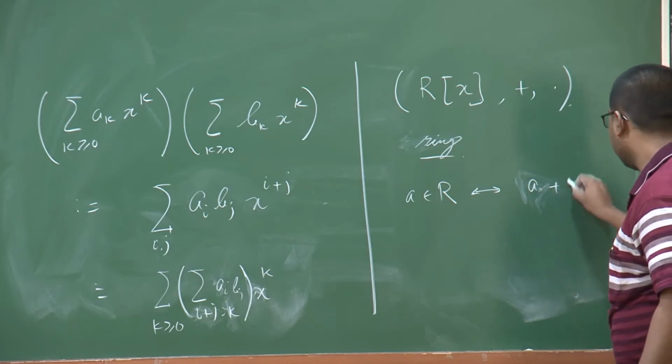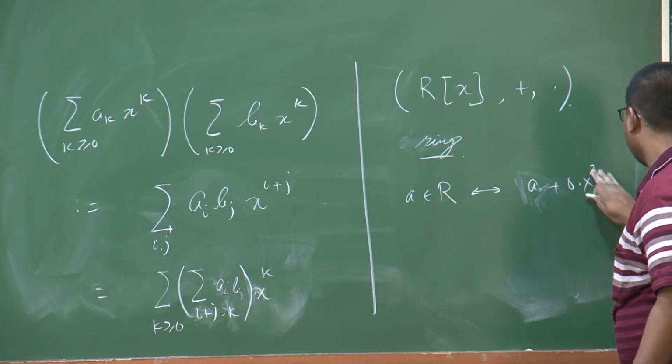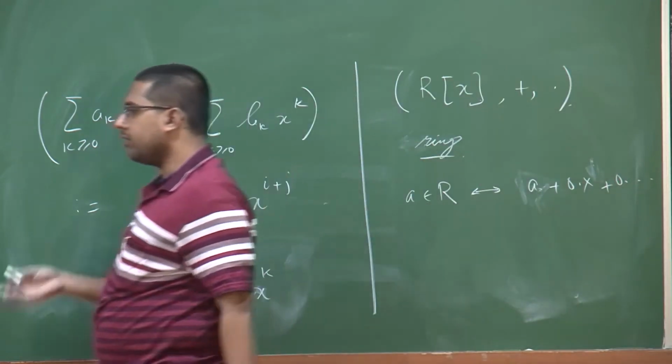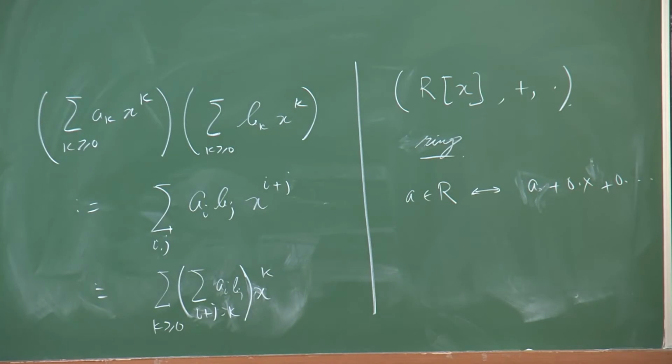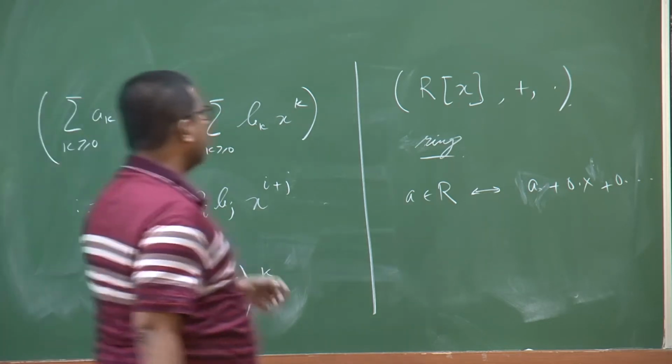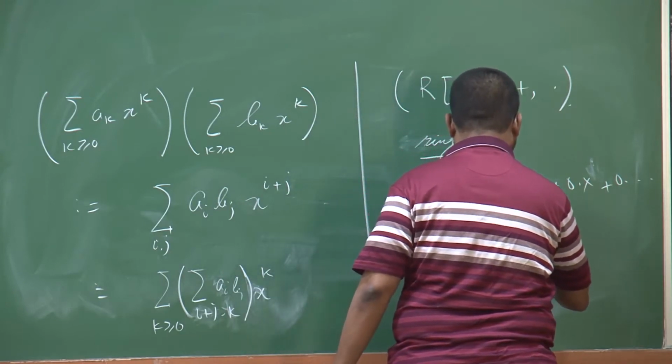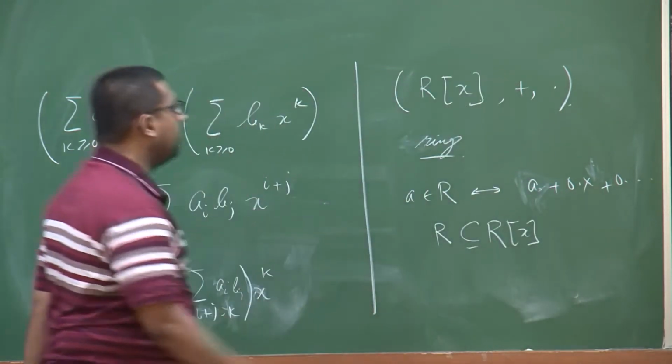Adding and multiplying constant polynomials is the same as adding and multiplying the concerned elements of the ring. Therefore, in that way we can regard R as a subring of this polynomial ring.